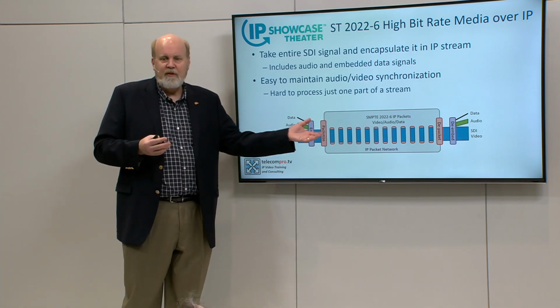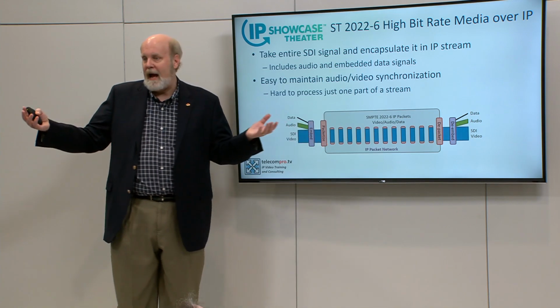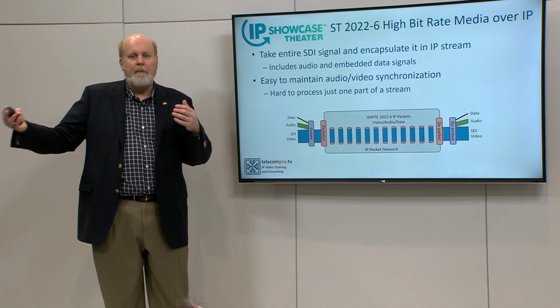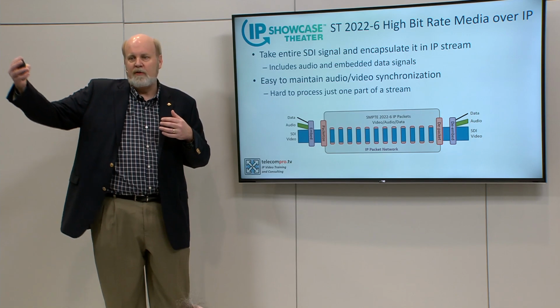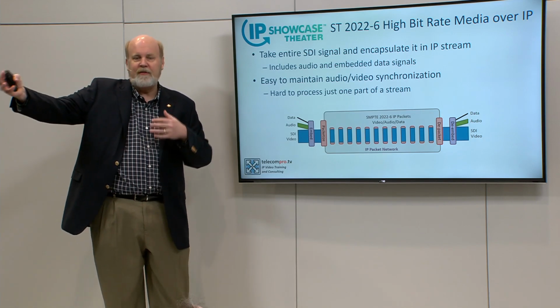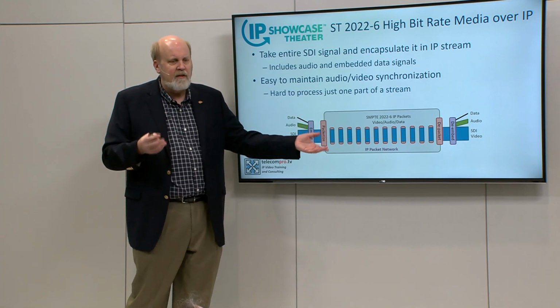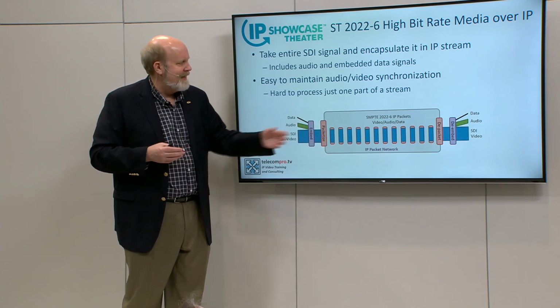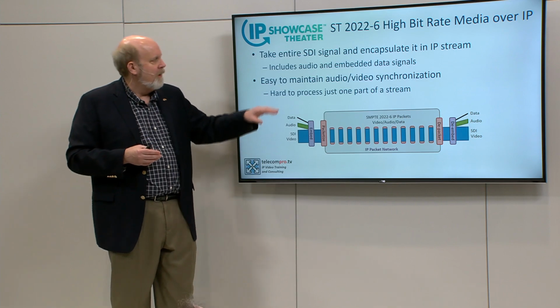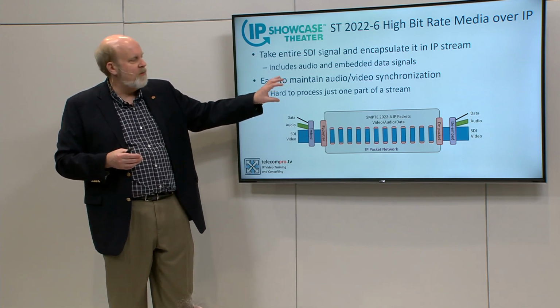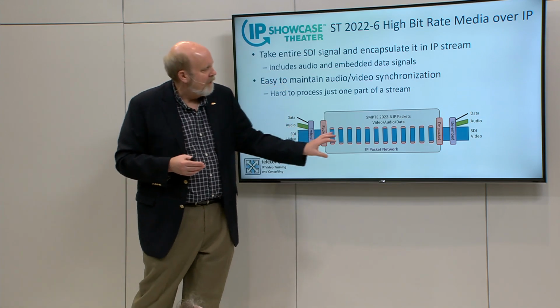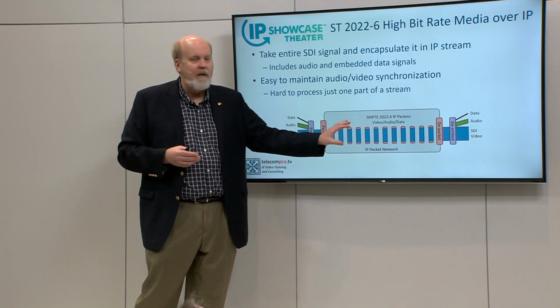Now, of course, this was originally developed for wide area applications. It was designed to bring signals from sporting events on the West Coast to studios on the East Coast, things like that. But it is conceivable that you might be able to use this in a studio environment. The big drawback to 2022-6 is that I've got to transport very large streams.